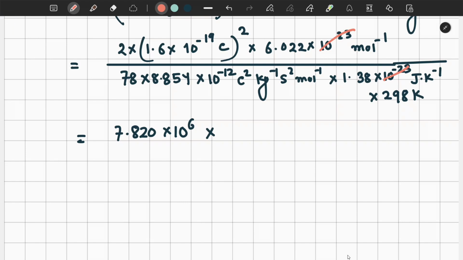Why? After going upward, it will be plus 23. You are correct. So 10 to the power minus 38, just do it explicitly. Plus 23, plus 23, plus 12. Now it is correct, I think.